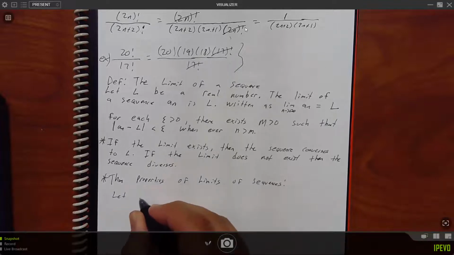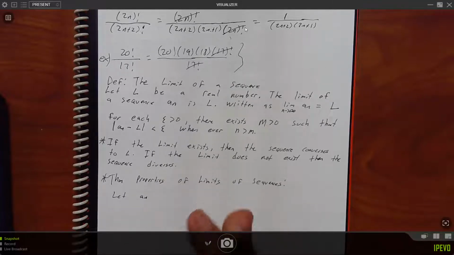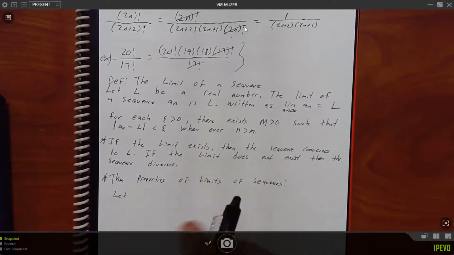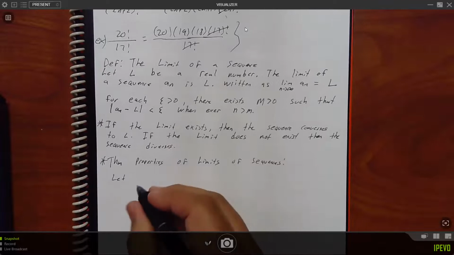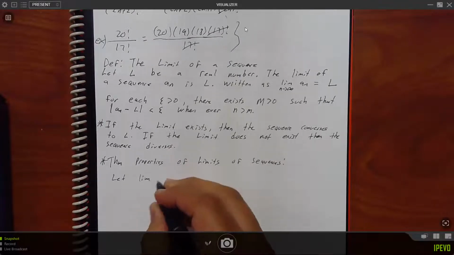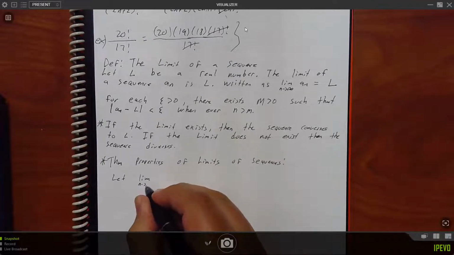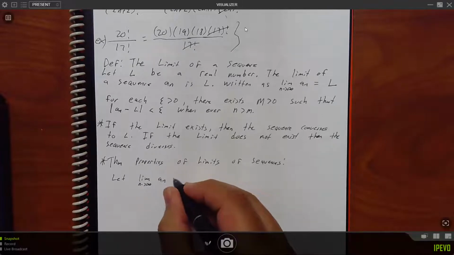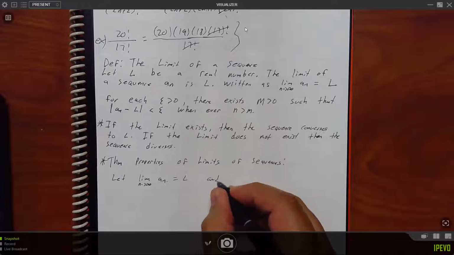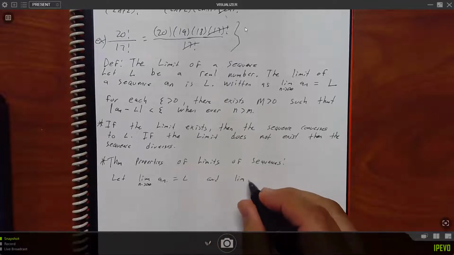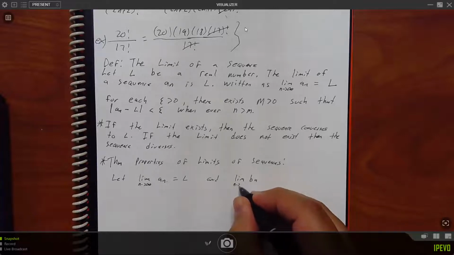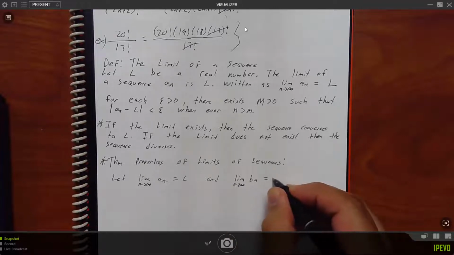So let the limit of a sub n equal L, and the limit of B sub n equal K.